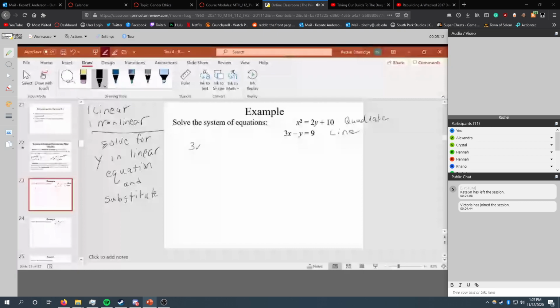I'm going to take the linear equation and I'm going to solve it for y. So I'm going to move the 3x term over. And then when I divide by -1, I get y equals 3x plus 9. So let's look at the other equation.